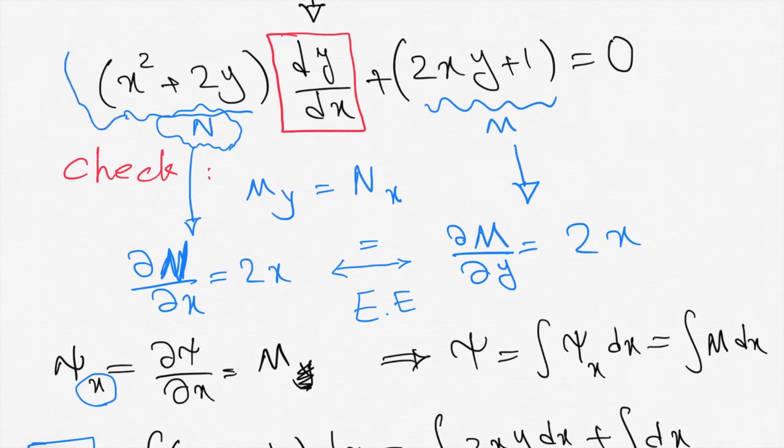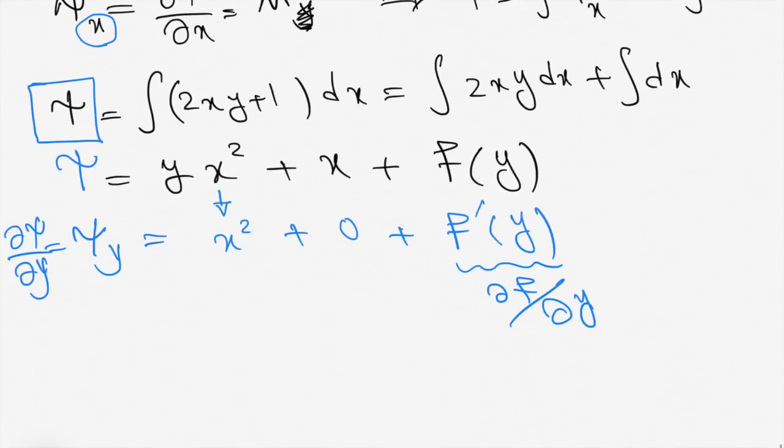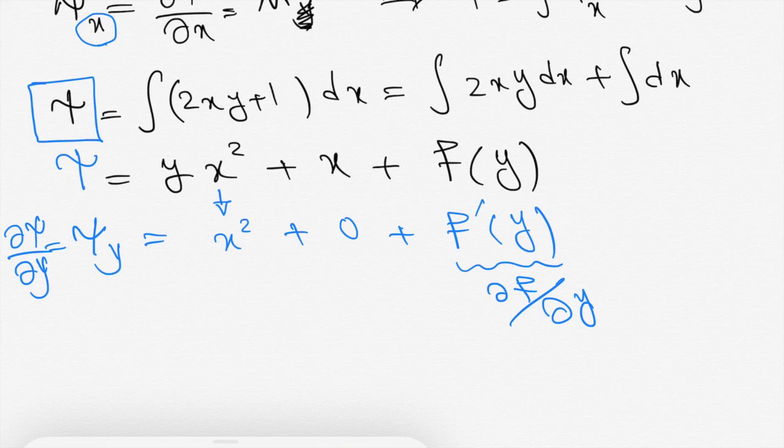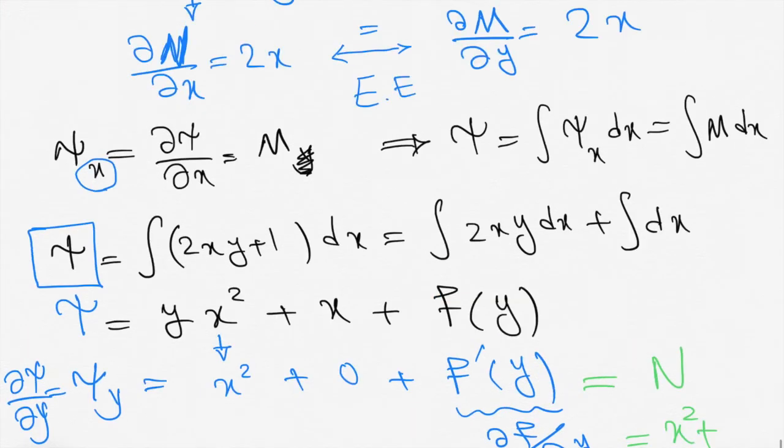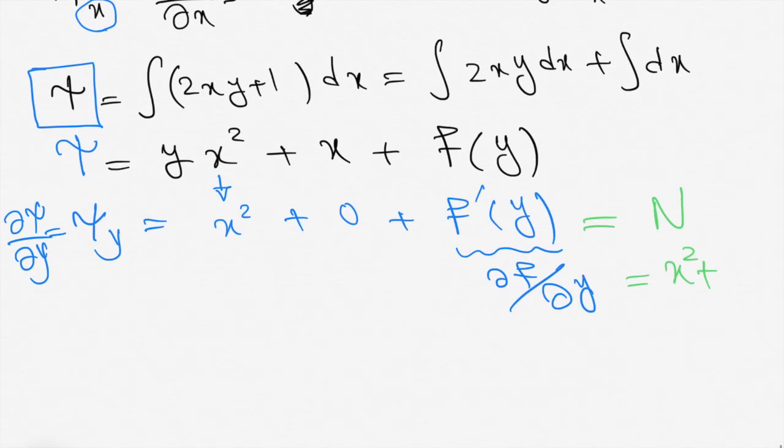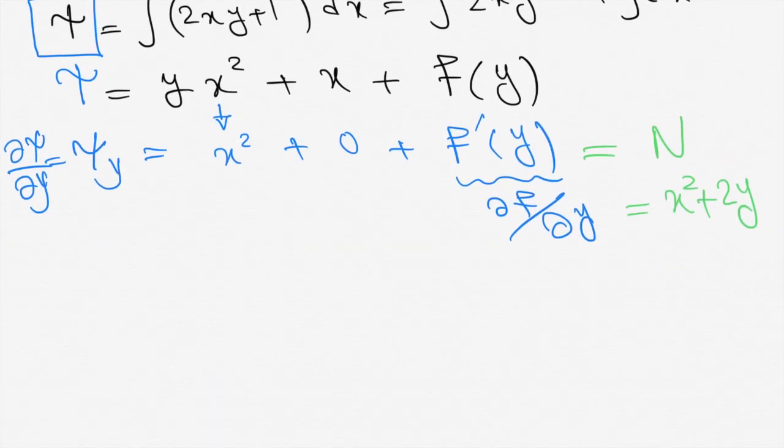So what is the n? The n here, we had it. This is x² plus 2y, equal to n. So here I can say that this is x².